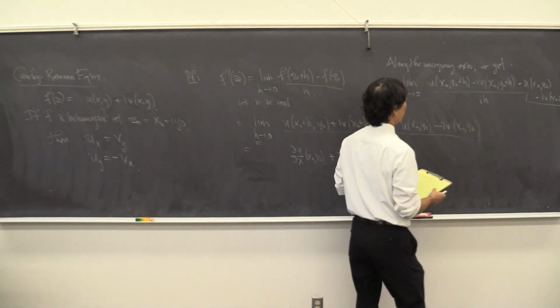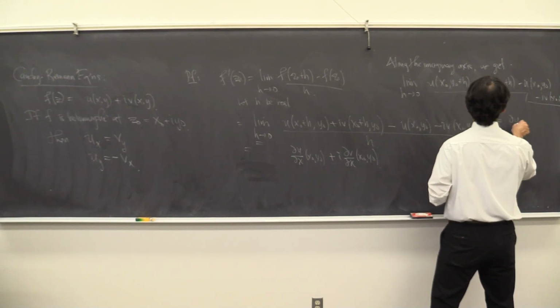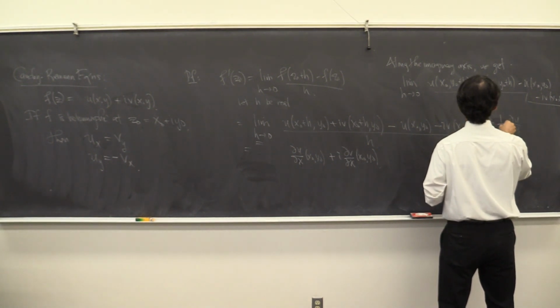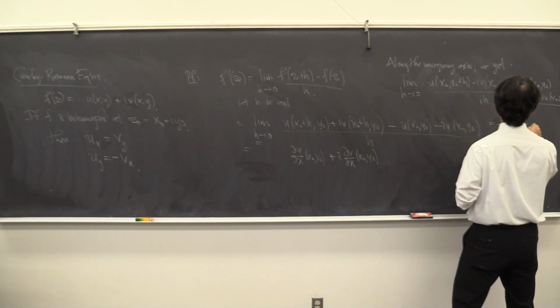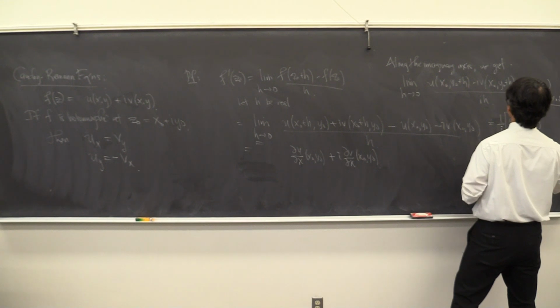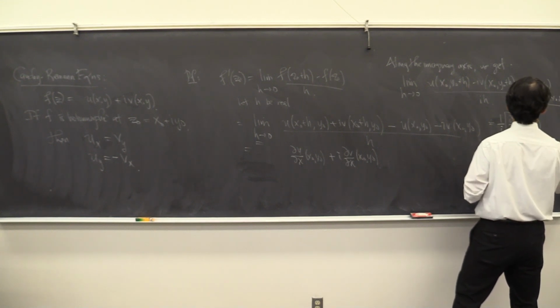And so what we get this time is 1 over i times the partial of u with respect to y, plus i times the partial of v with respect to y.